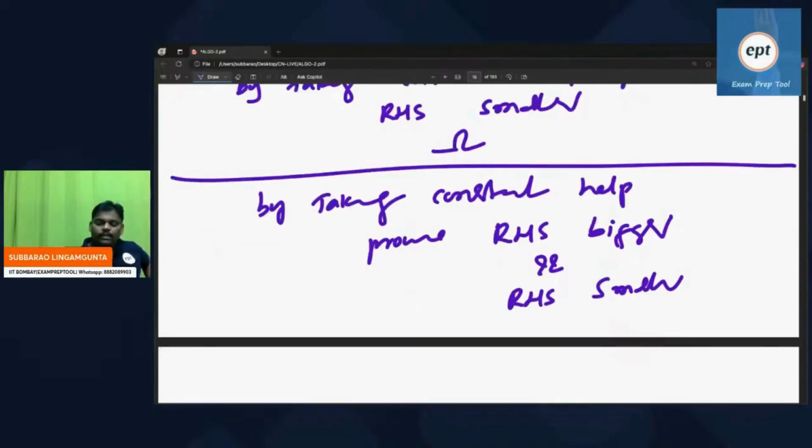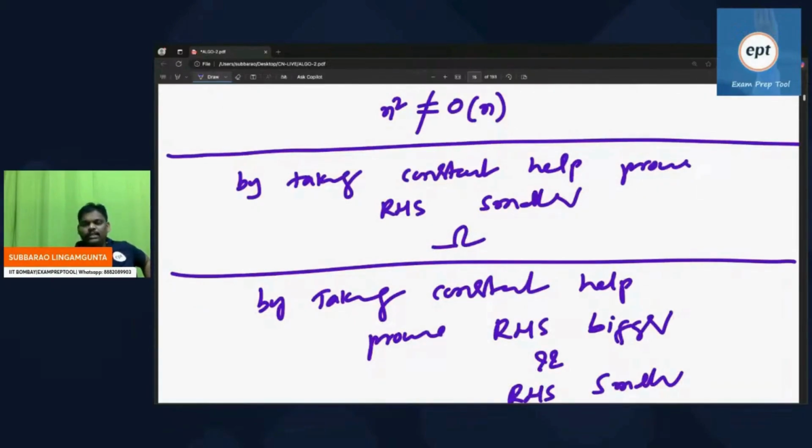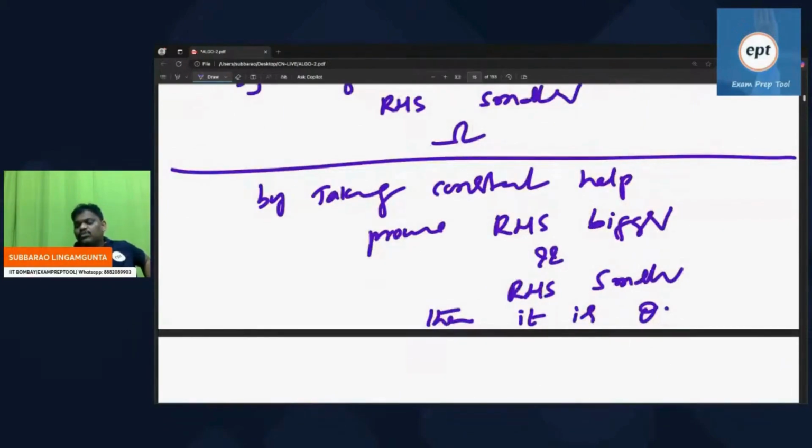Then it is called theta. If you know big O, you know omega also, you know theta also. What is omega? Prove that the right is smaller with the help of a constant. What is theta? Prove that the right is bigger and the right is smaller also. By taking constant help, prove the right is bigger and smaller also. That is called theta.